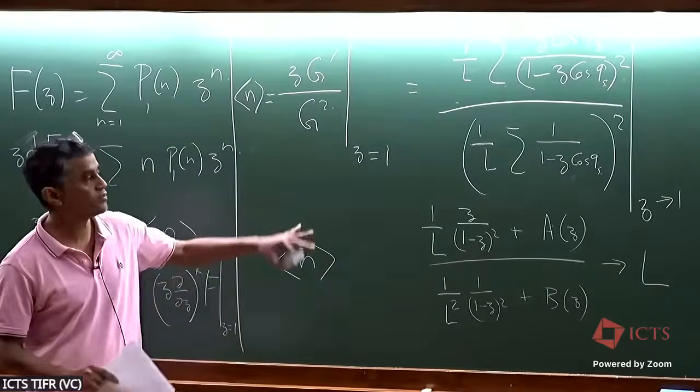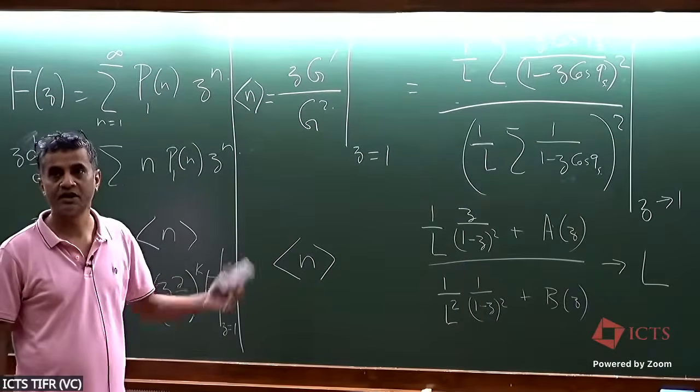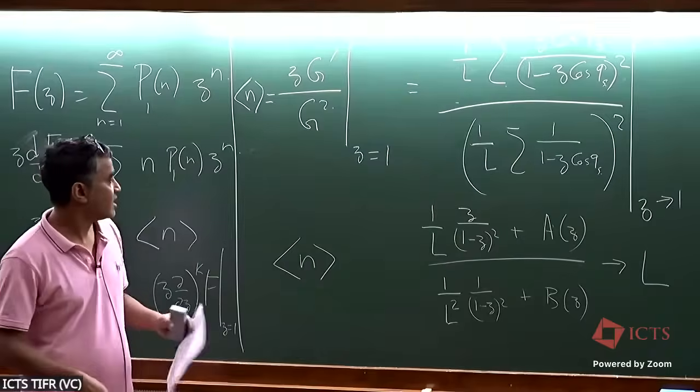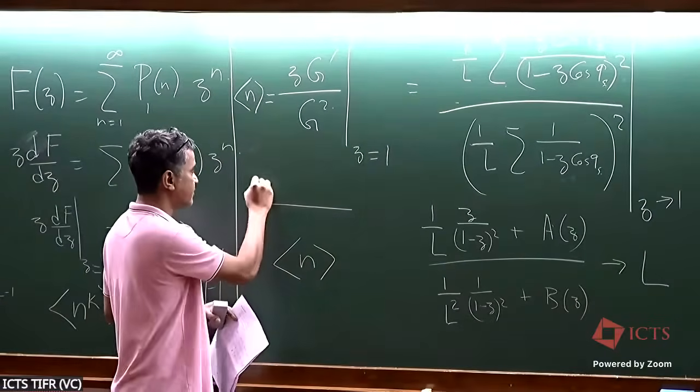I did the proof for one dimension on a circle, but you can do it on any lattice and it's true. You can take a finite box with, let's say, reflecting walls, right?